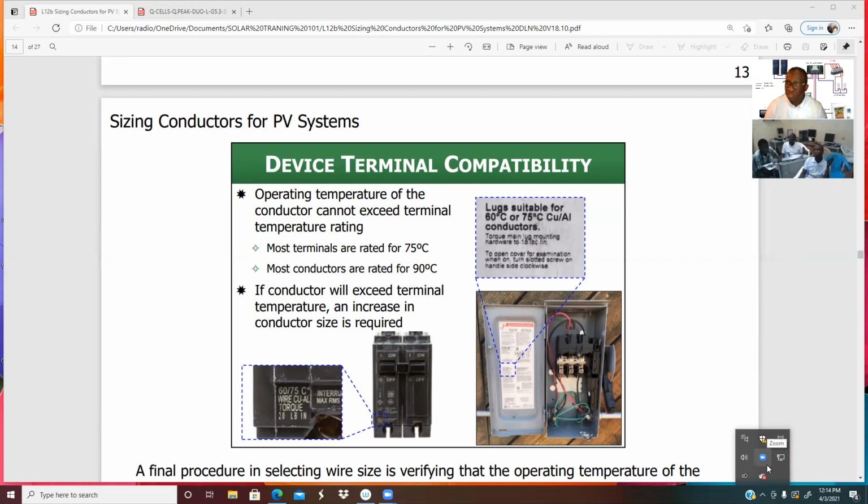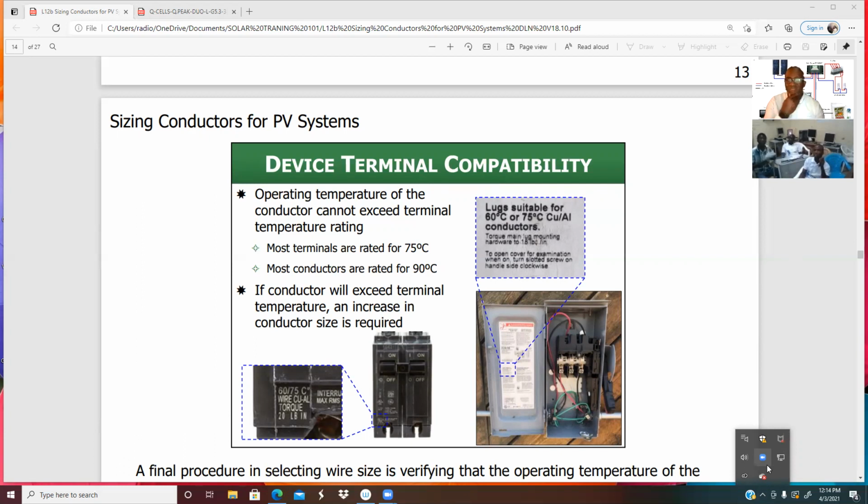Can you answer the question? It said, why would it be an additional 1.25 to the maximum short circuit current? Why do you have to apply an additional 1.25 after getting the maximum current?